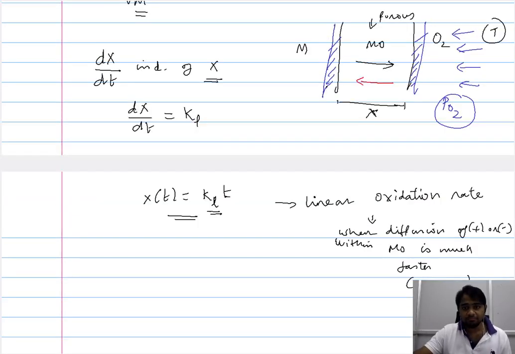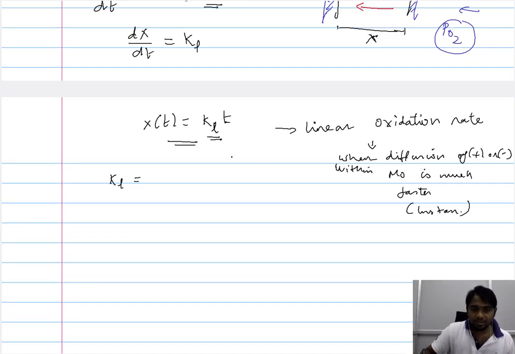Now the other way the temperature influences a material exhibiting the linear oxidation rate is through the proportionality constant Kl, which is expressed in the form of an Arrhenius equation, wherein you have a proportionality constant, an activation energy term, and correspondingly a term related to the thermal energy.